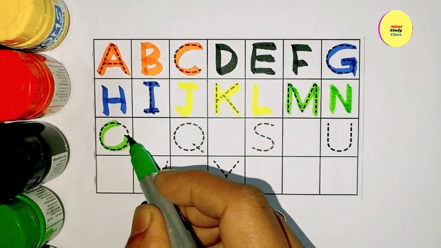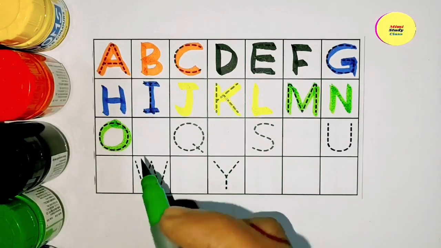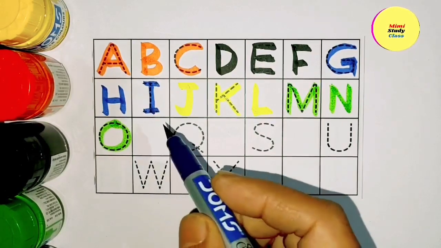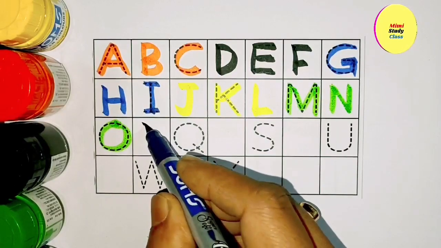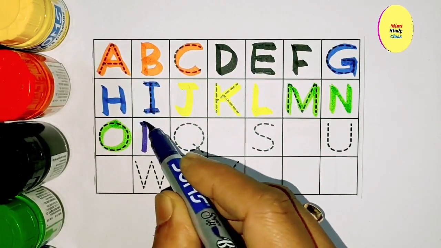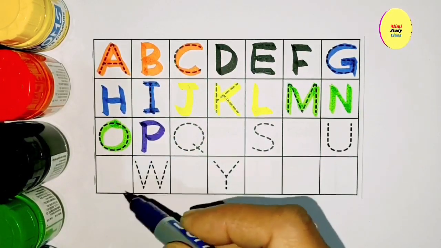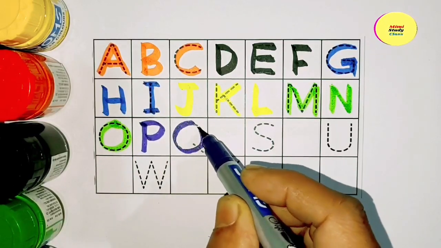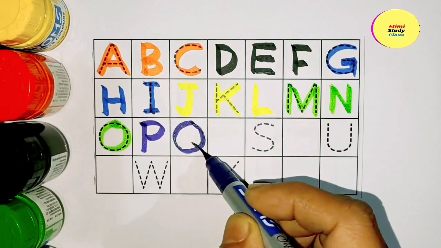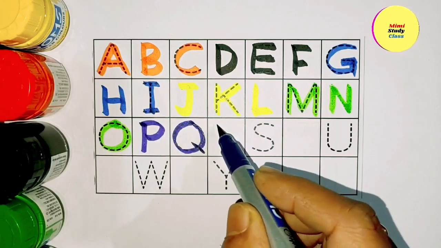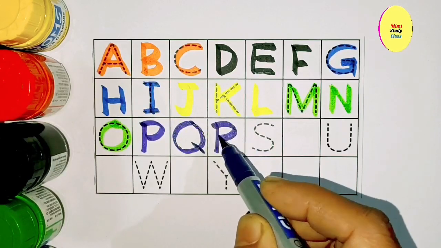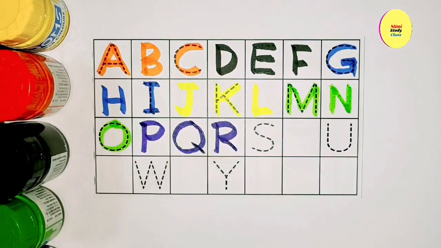O for orange. Blue color. P for pineapple. Q for queen. R for rose.